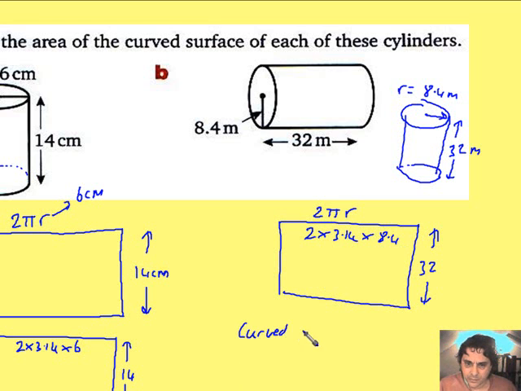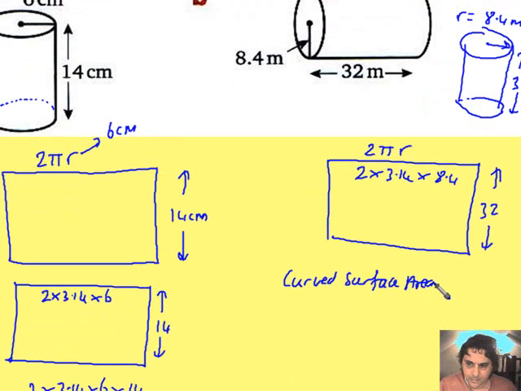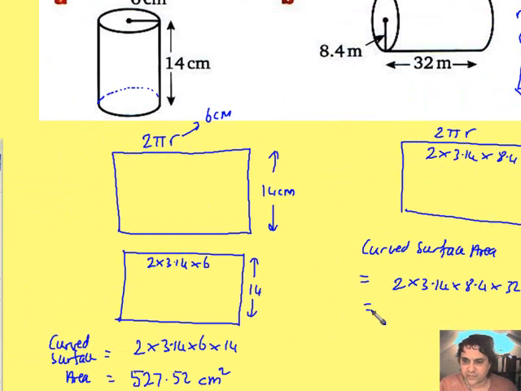Curved surface area equals 2 times pi times the radius 8.4 times the 32, which is the height of the rectangle. Here I go. 2 times 3.14 times the radius of 8.4 multiplied by the height of 32 meters. This is going to be big. Yep, I thought so.